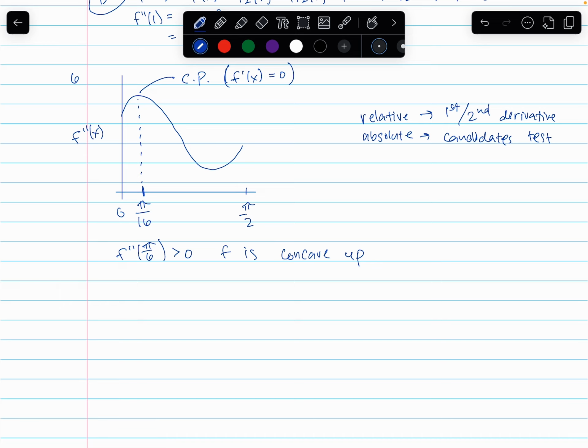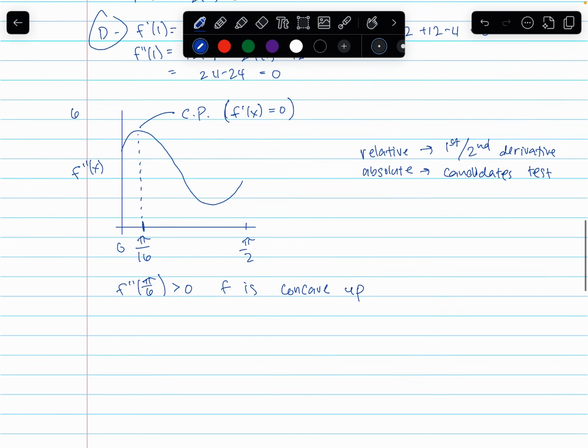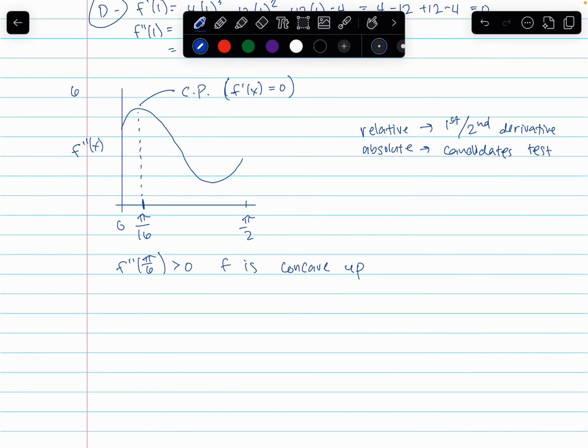F is concave up, and we know that this is a critical point. So this means that f of pi 16ths is a minimum. It is a minimum because it's concave up, and this is a critical point.